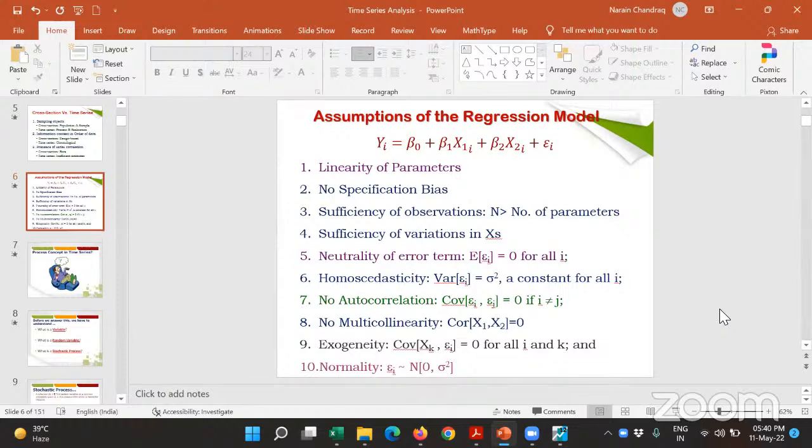So there's a separate section on that, where you can check whether there is heteroskedasticity.